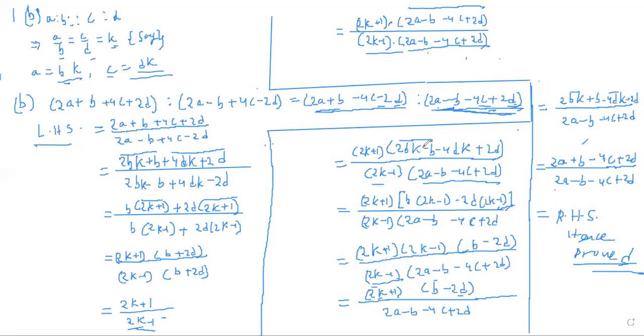So it is 2k plus 1 into, in place of a we substitute bk, and in place of c we substitute dk, and factorize it, it is also giving 2k minus 1, which will be cancelled out from the denominator. And when we expand the brackets of the numerator, it is giving the result which we require, hence proved. So very easy method. We are using the terms of the right hand side.